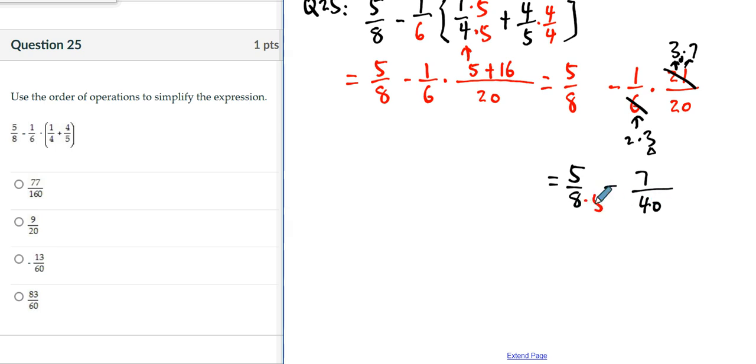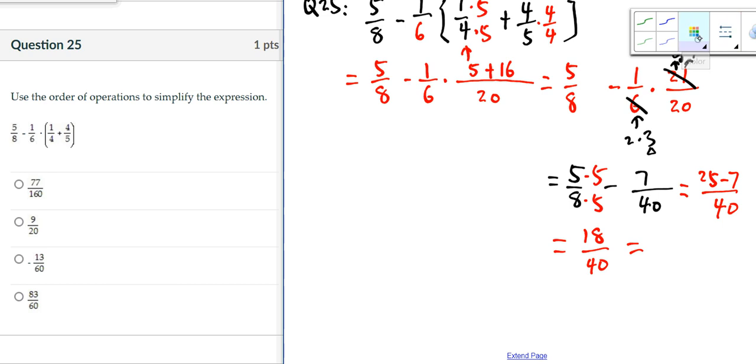So what do we need here? We need 5. Okay, this will make denominators be the same. 5 times 8 is 40. Upstairs, 5 times 5, 25, minus 7. What do we get? Is that 18 over 40? And then you reduce it.